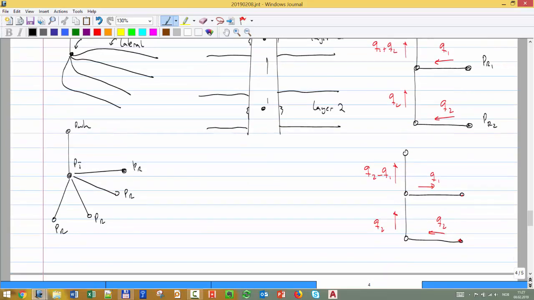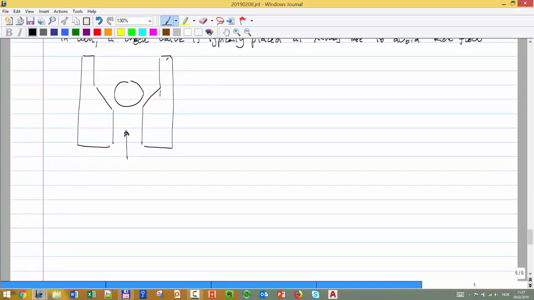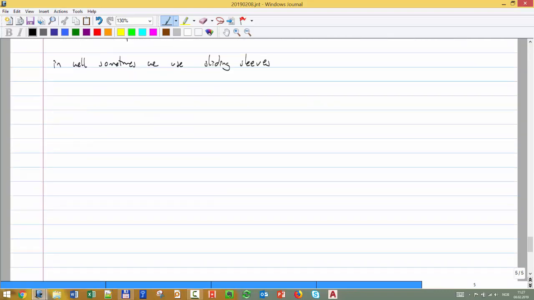What we do sometimes to avoid this issue in wells is we use sliding sleeves. That means, let's make again the same drawing.